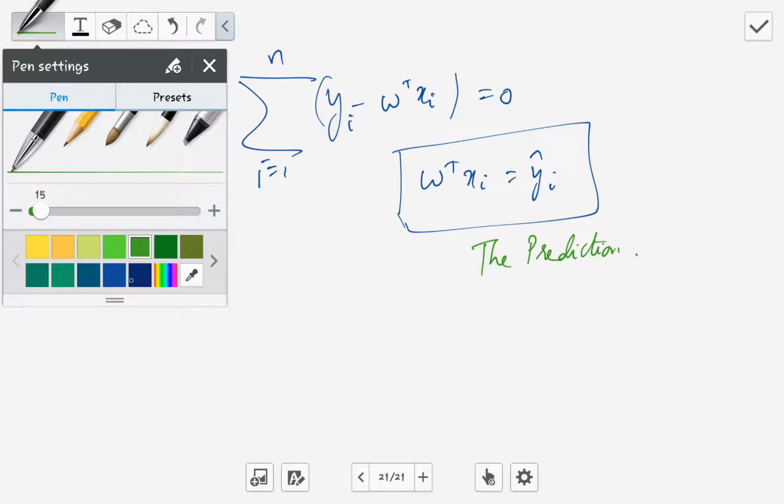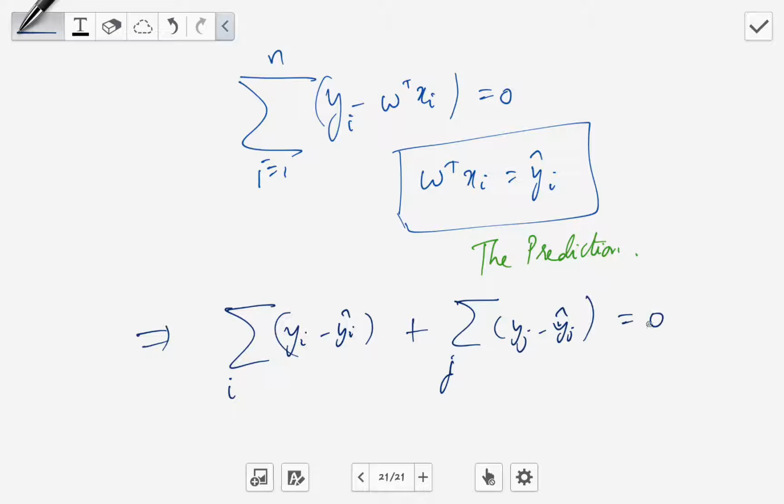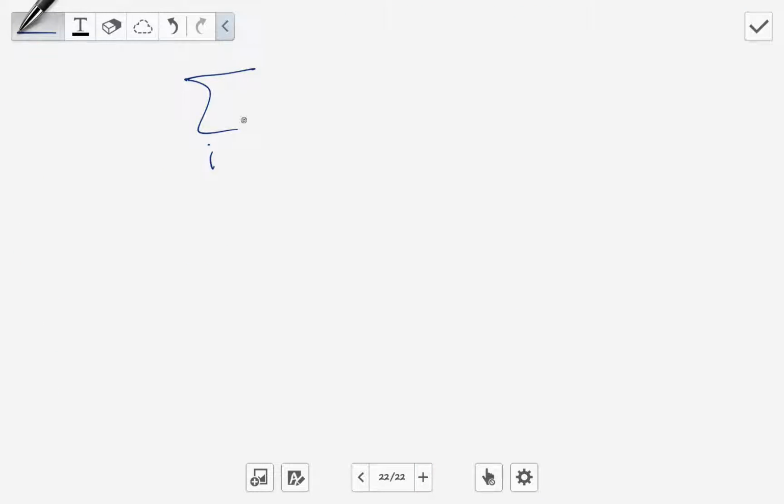Now this can be written as sigma i of (yi minus yi cap) plus sigma j of (yj minus yj cap) is equal to 0, where we want to write this sigma i of (yi minus yi cap) is all greater than or equal to 0, and sigma j of (yj minus yj cap) is all lesser than 0.